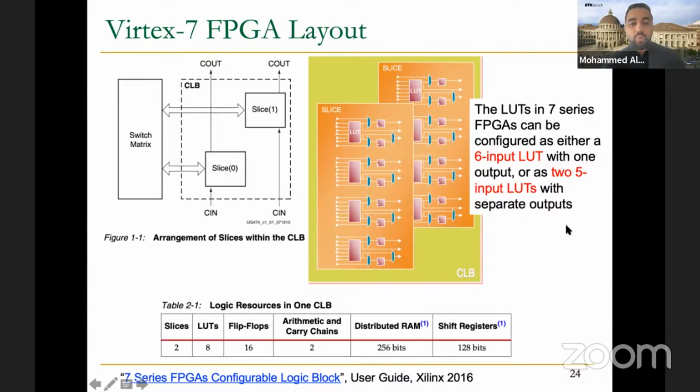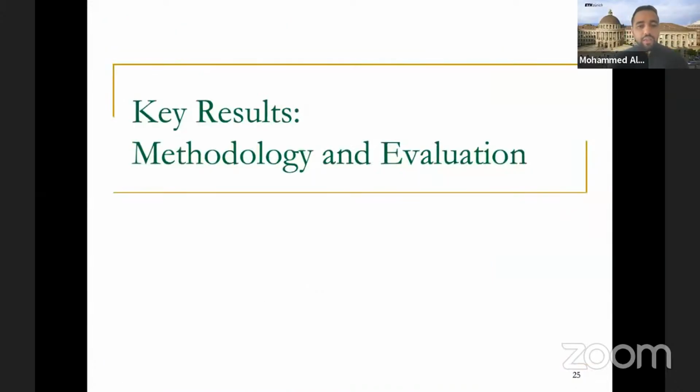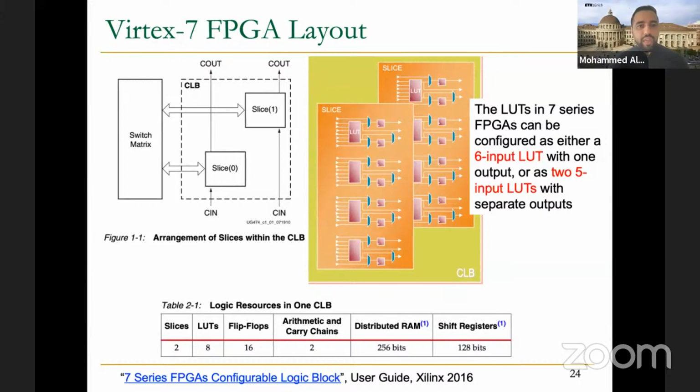That is why we chose the Virtex-7 family at that time, in 2016. I think we started the implementation in 2015, and then the paper was published in 2016, 2017. So yeah, that is for the FPGA implementation.